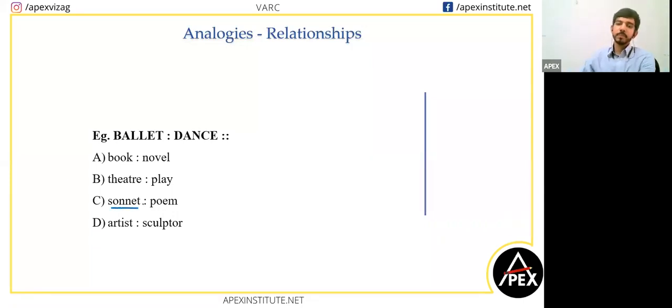Anyone still solving? You can put. It's quite simple. Okay. So ballet is a type of dance, right? Ballet is a dance form. Good. So Nalini has also put the answer very well. Yeah, ballet is a type of dance, and sonnet is a type of poem.